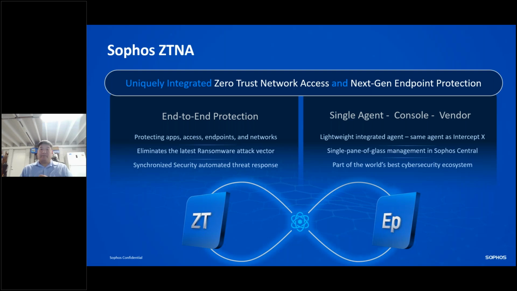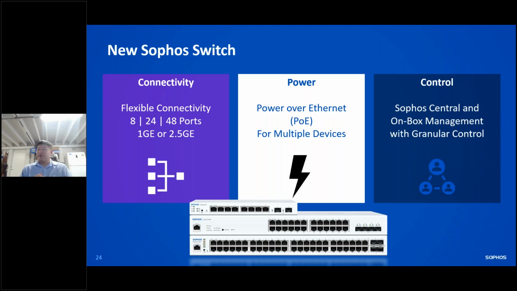In terms of management, there's a single pane of glass in Sophos Central. Continuing on, we have the Sophos switches as well. With the Sophos switches, we have 8, 24, and 48 port models available, in full PoE, non-PoE, and PoE variants, and you have Sophos Central for central management, or you also have local control on the box on the switch.